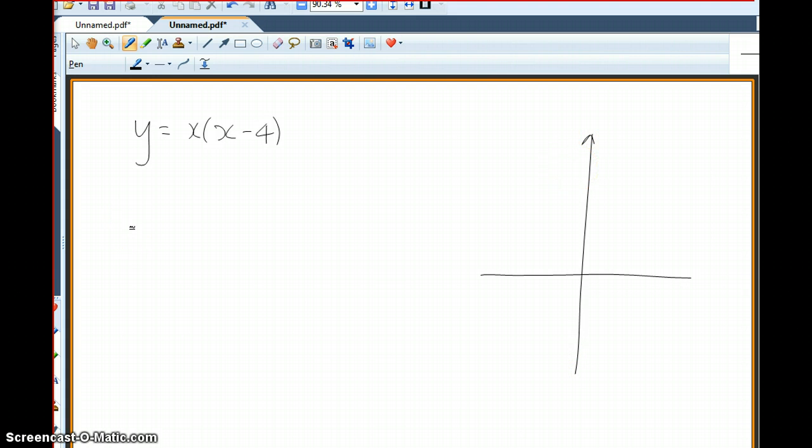What's the first step? Make y 0, did you say? Okay, so we're going to find the x-intercepts by making y equal to 0.